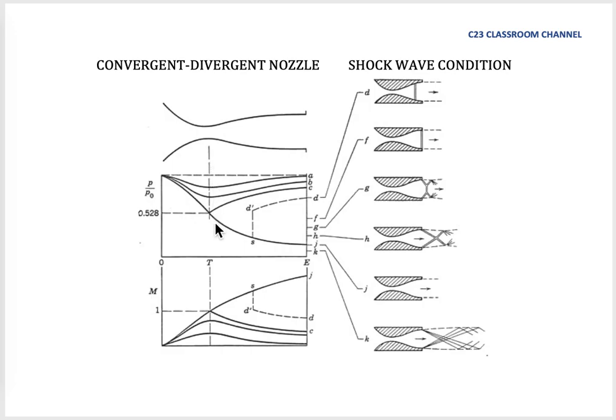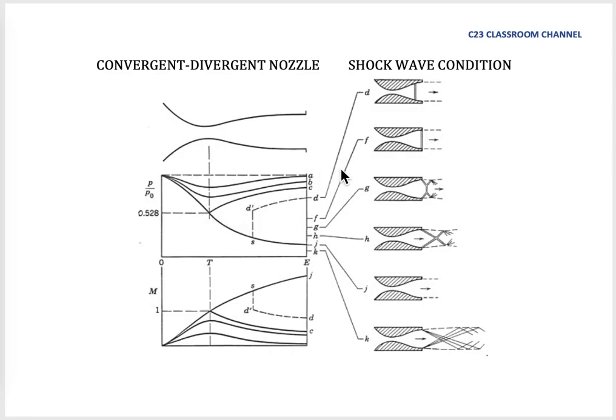As you can see here, the line shows Mach number 1. After this, all researchers want to have Mach number more than 1 in the diverging section. However, it depends on the design, the type of gas, and the existence of shock waves.